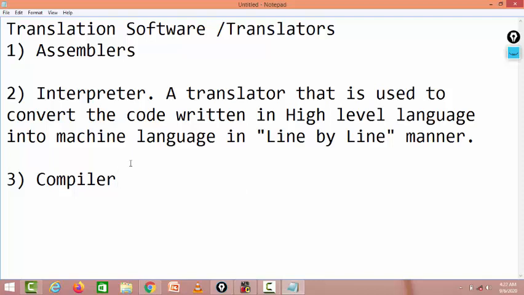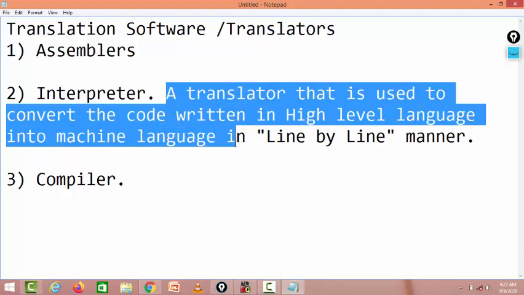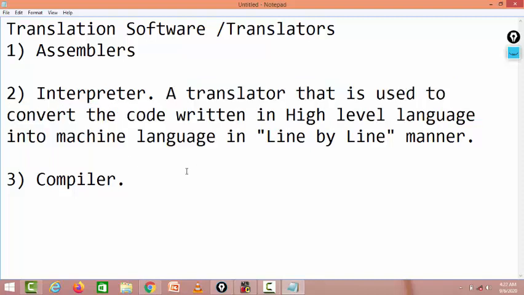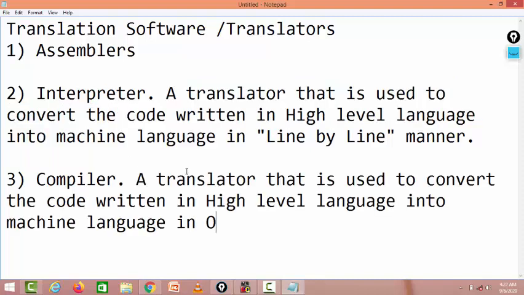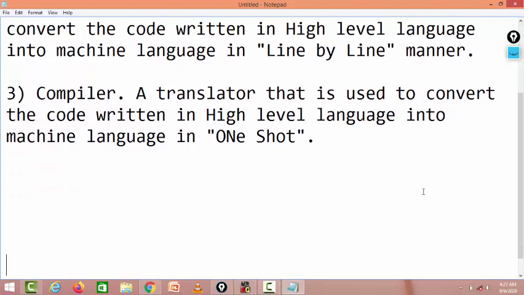Now moving towards the third type, that is the compiler. As I told you, it's also a type of translator that is used in high level languages.